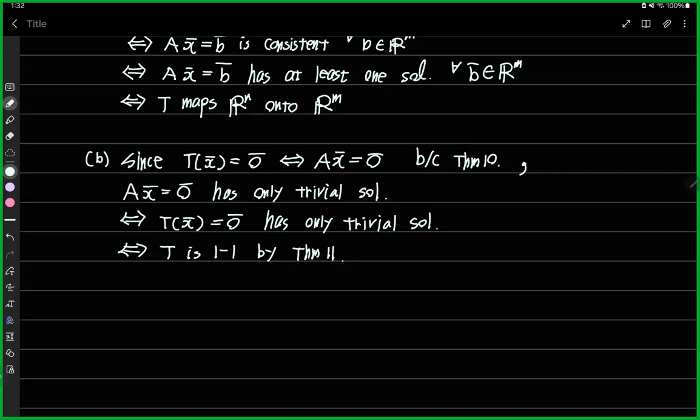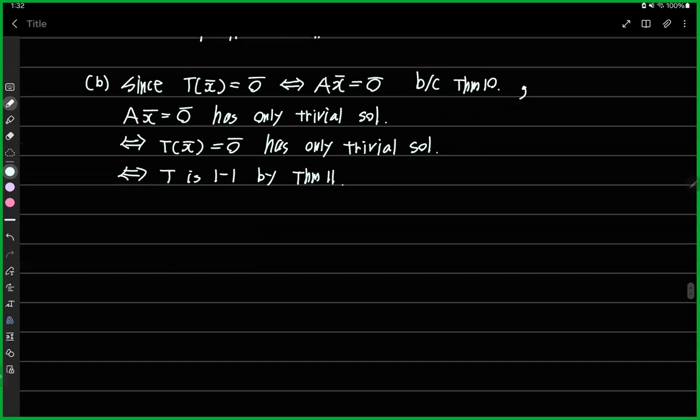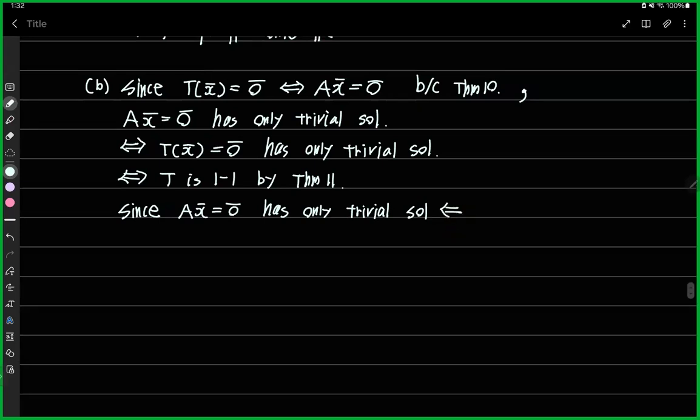Not done yet, but almost done. The homogeneous system Ax equals 0 has only the trivial solution if and only if the columns of matrix A are linearly independent.